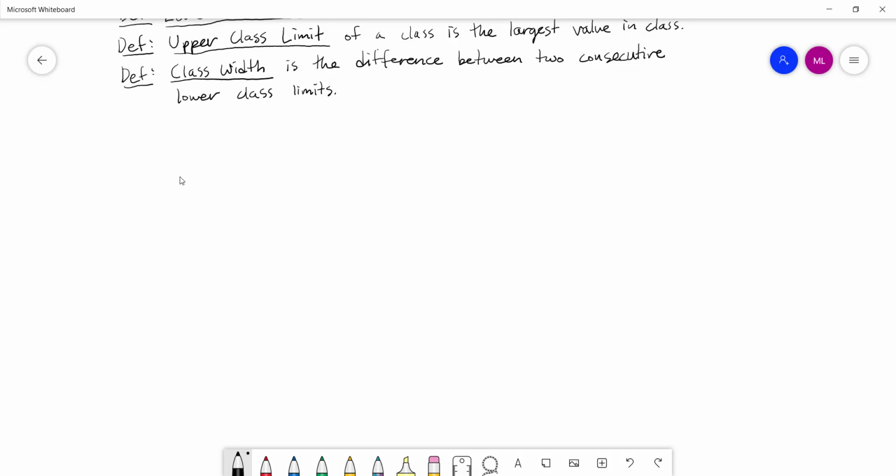Or I could say, I want there to be 6 classes, and I can use that to determine how big I need to make the classes so that they can still cover that same span of numbers. So we only have control over one of those two things, either the class width or the number of classes. Once you pick one, it predetermines what the other one should be.